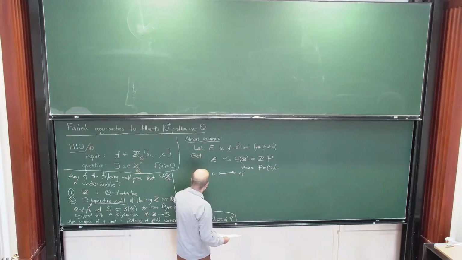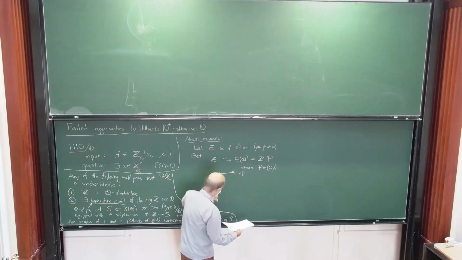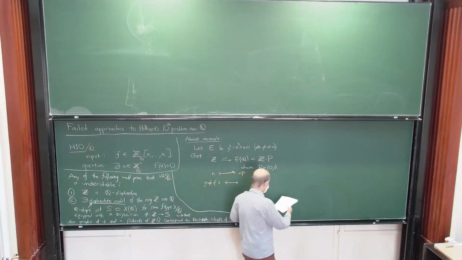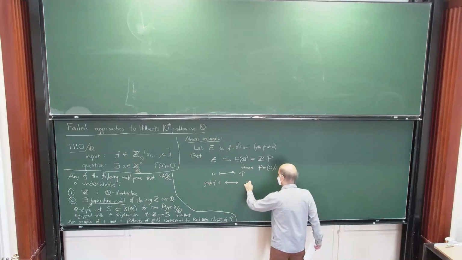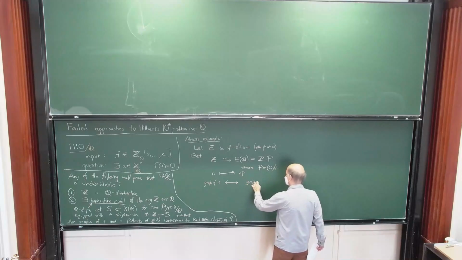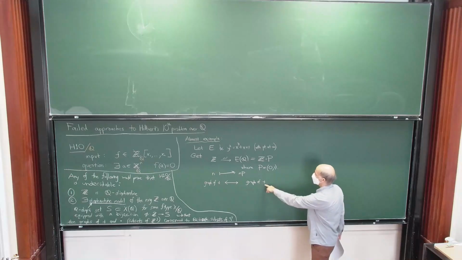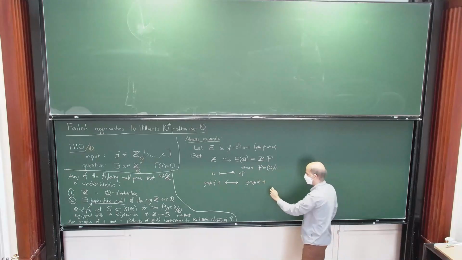Now I have to make sure that the graphs of addition and multiplication correspond to Diophantine sets. For addition, it's okay, because this corresponds to the graph of the addition law, the group law of the elliptic curve.